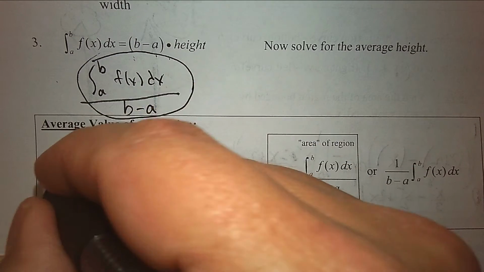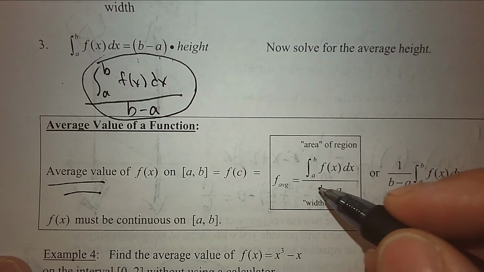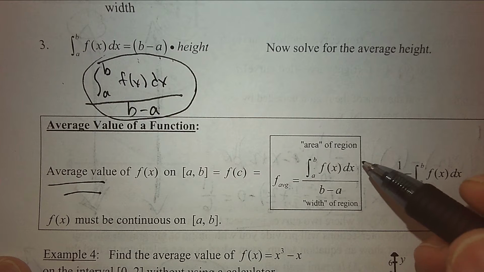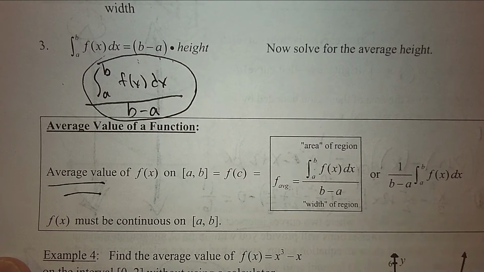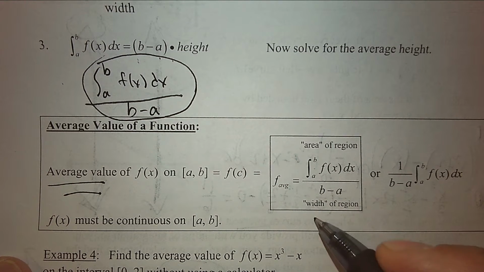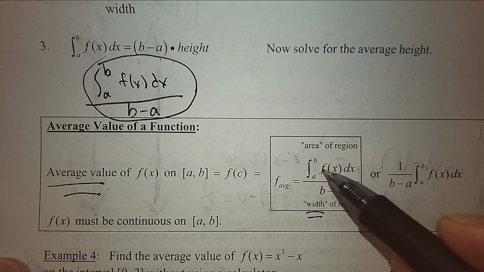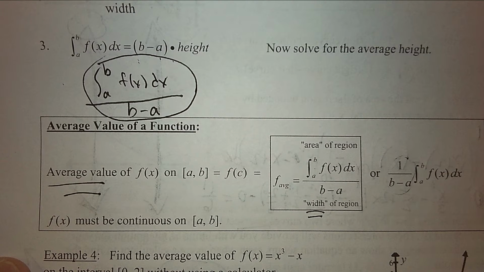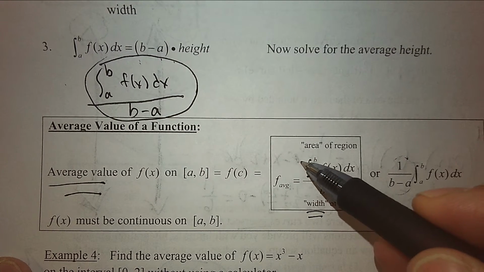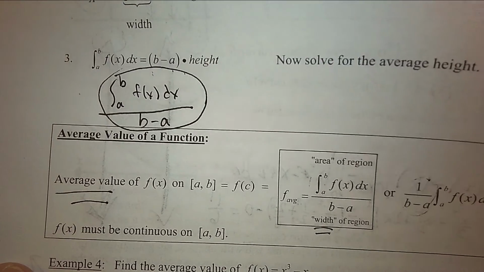How do you find the average value? That's the average y values. You integrate over your bounds, and then divide by the width of the region, B subtract A. You could also have 1 over B subtract A, that fraction, in front of the integration, because really that's just a constant, and then do the integration. That can be helpful actually too.